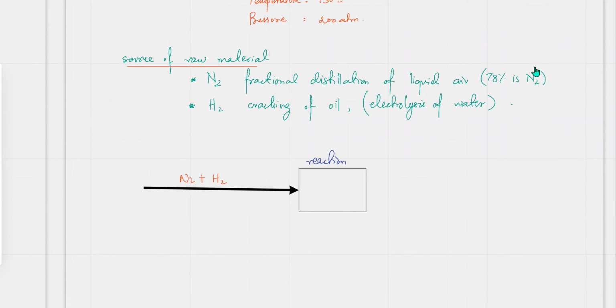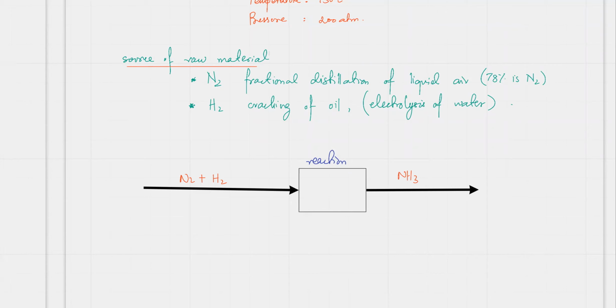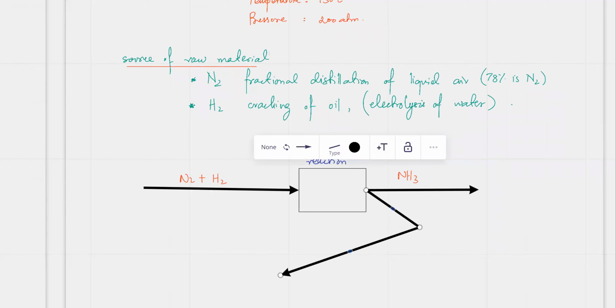The reaction happens, and you get ammonia gas at the other end. The unreacted gases are recycled back into the container.